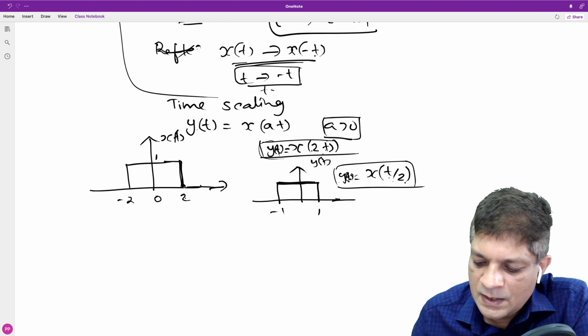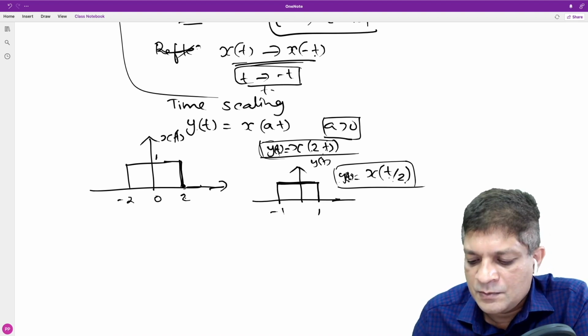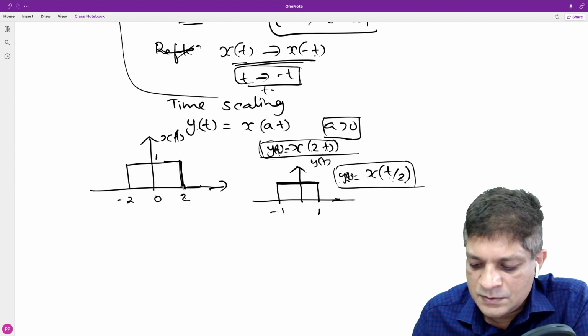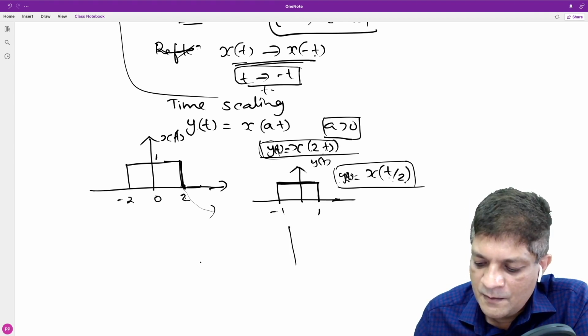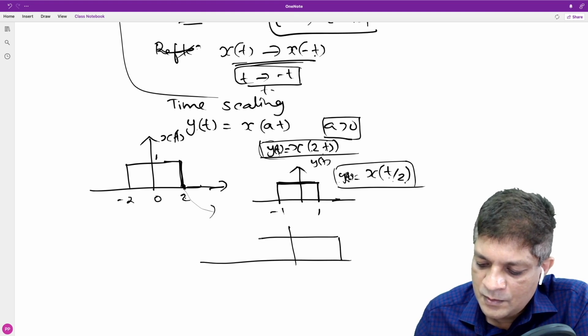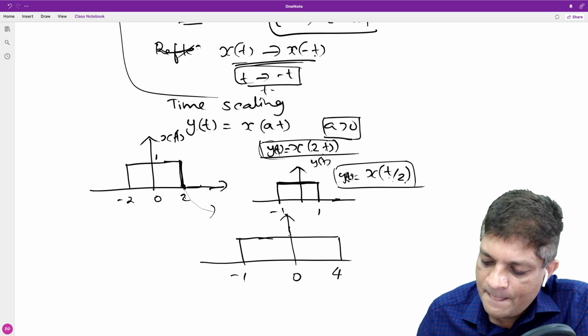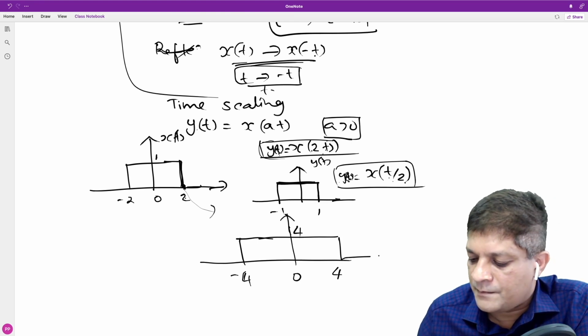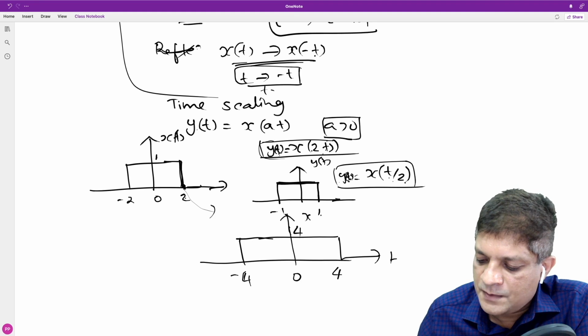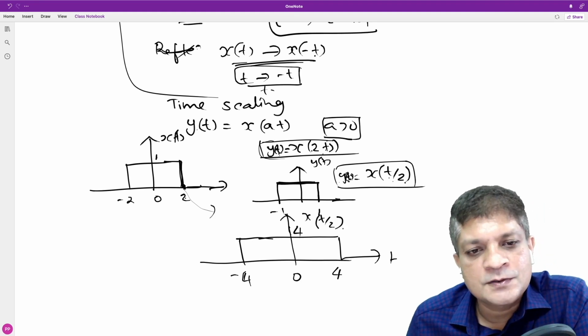So where will this transition be moved to? To 4. The amplitude will remain the same. Is it x(t/2)?